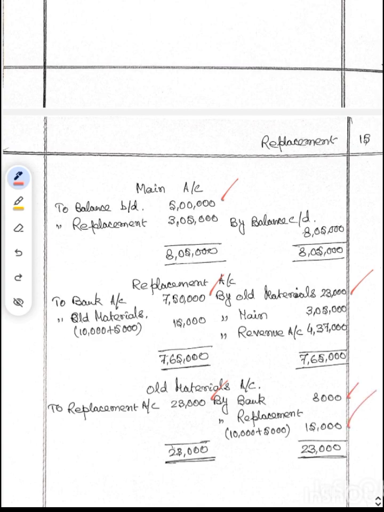So by bank 8,000 and by replacement 15,000. So these 15,000 come to replacement account also. Thereafter the amount capitalized and transferred to main account, that is 3,05,000 total, and thereafter at last we charge to revenue 4,37,000, that we showed in our calculation or working number 3.